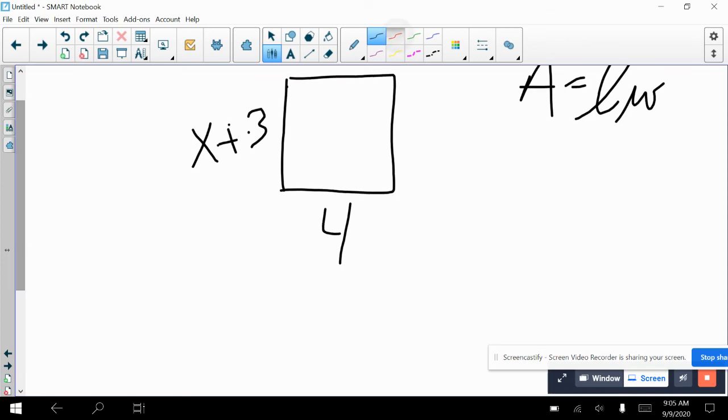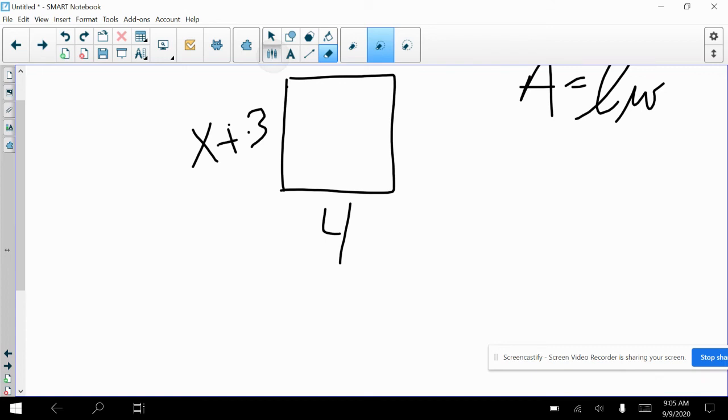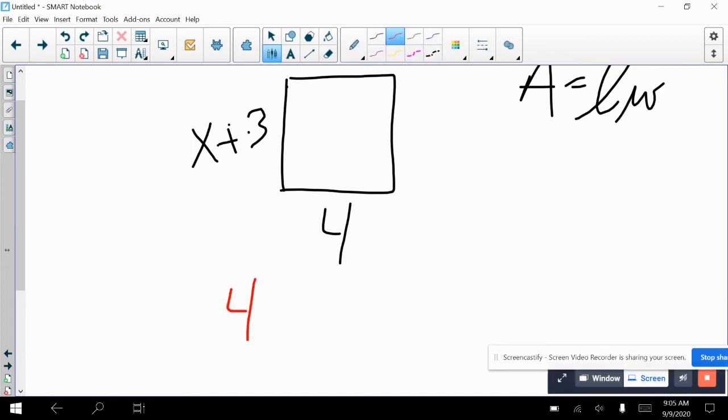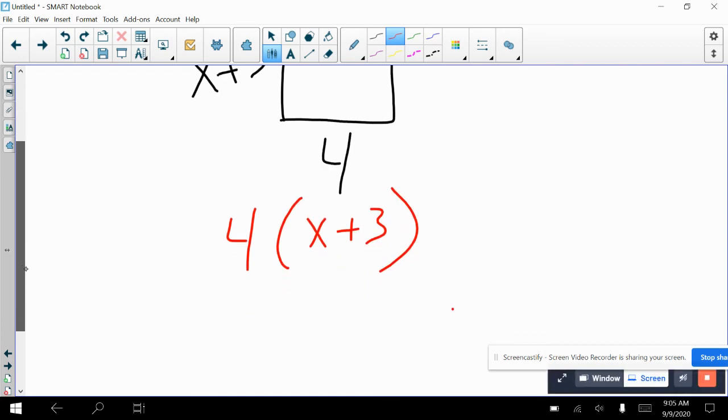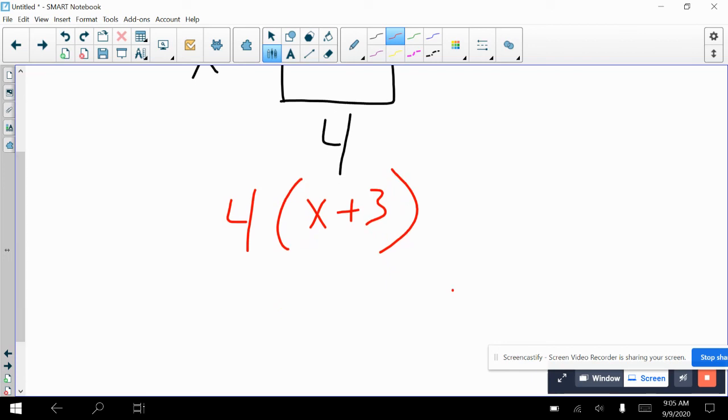So how do we write this? Sorry. I made a boo-boo. Length times width. Right. Okay, are we done yet? No, because it said we needed to distribute to find the area. So we do one of those.